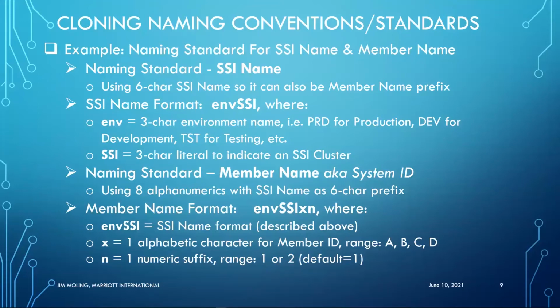You know, the ID being A, B, C, D, and then there's a numeric suffix. It's always been a 1, but I suspect it's there so that you can alternatively use a 2 if you need to, perhaps during some transitional processes or whatnot. But anyway, that's the naming convention for that.